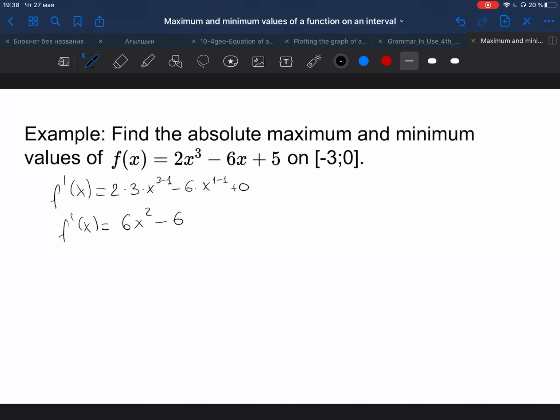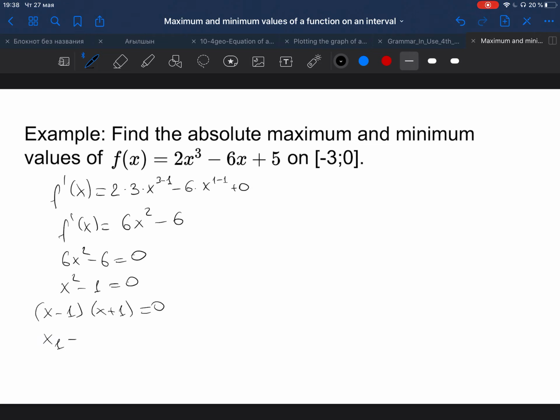To find critical points, we just equate the derivative of the given function to 0. We can simplify both sides by 6, and x squared minus 1 will be equal to 0. If we factorize, by the property a squared minus b squared, here we have x minus 1 multiplied by x plus 1 is equal to 0.